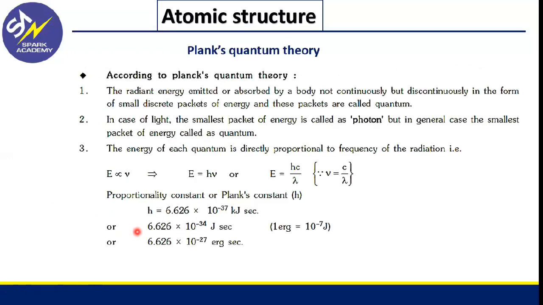So there is a theory called Planck's quantum theory, which describes electromagnetic radiation. He proposed that according to this quantum theory, the energy which is given off is not given continuously in the form of waves, but as packets of energy, which are called quantum.